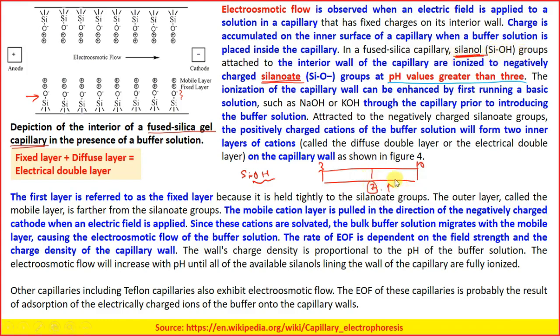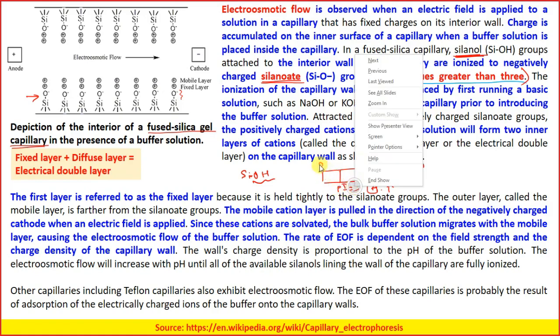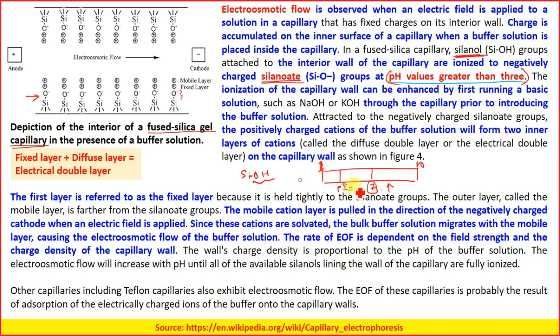When we keep it at a higher pH, it is usually kept greater than 7. Though it is written here that the pH value is greater than 3, that means it has a pI value of approximately 3.